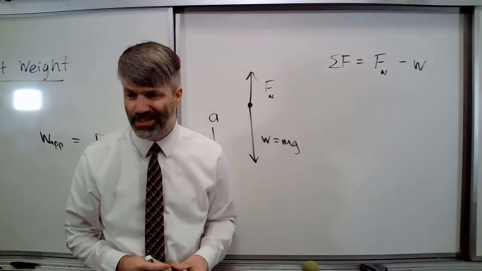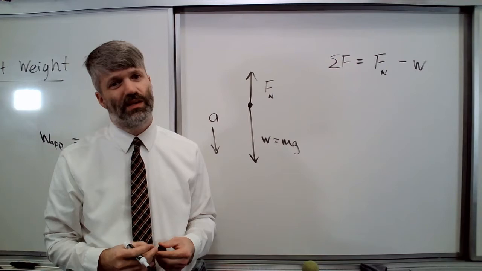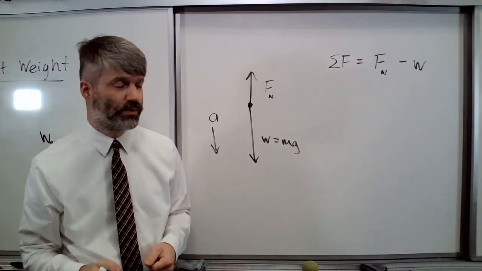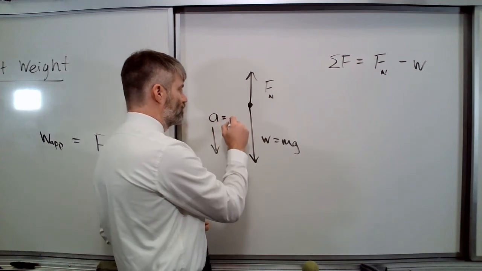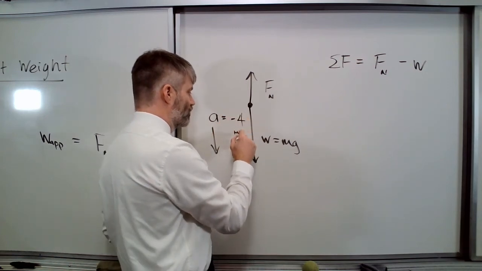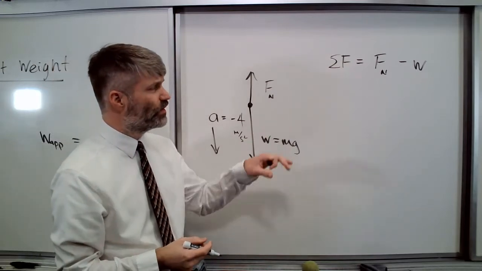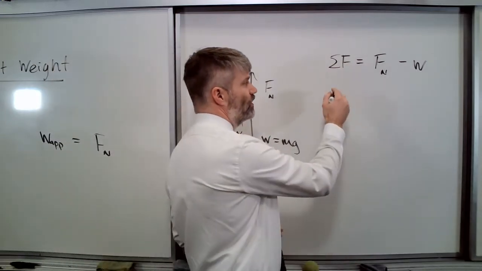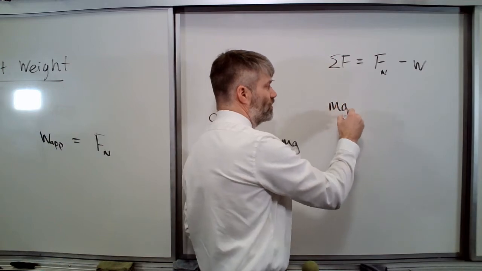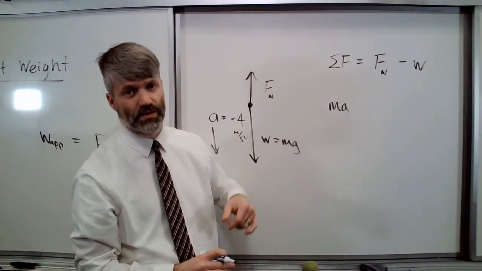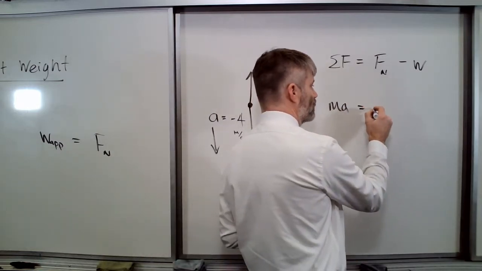And that acceleration is, in this case, we'll take down as the negative direction, and we'll say it is negative 4 meters per second squared. So we'll use that when we're solving here. So next, Newton's law tells me that I can find the summation of the forces with mass times the acceleration of the object.